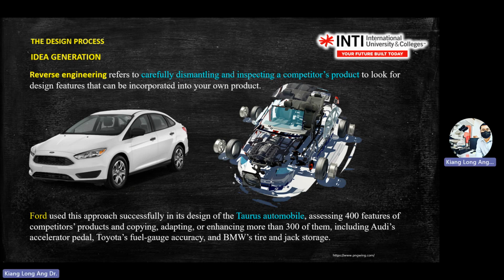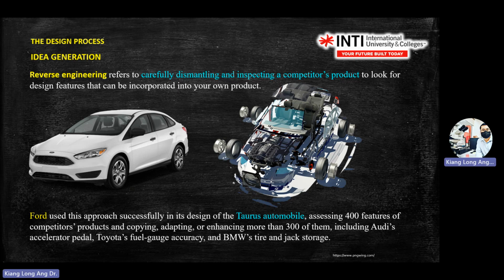Their reverse engineering is so good that all the big companies run away from setting up new factories or R&D departments there, because they know how good China is at copying the product. They copy even better than the original one. Okay, so this is called reverse engineering.